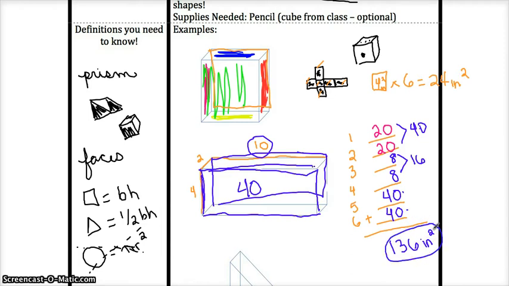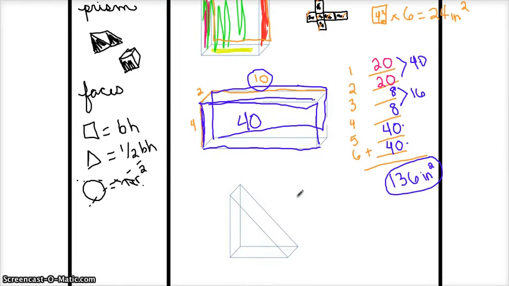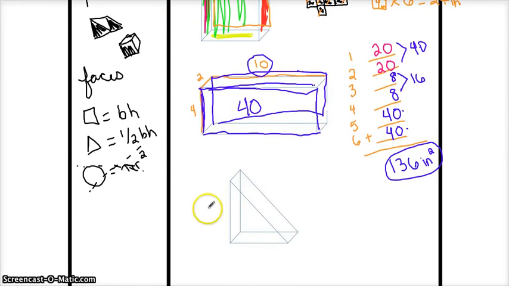Okay, so the basic way that you find the surface area of shapes is you literally find the area of all the surfaces. That's why it's called surface area. So for this shape below, we have a triangular prism. If you evaluate it, we have 2 triangles in there, this front triangle and the back triangle.